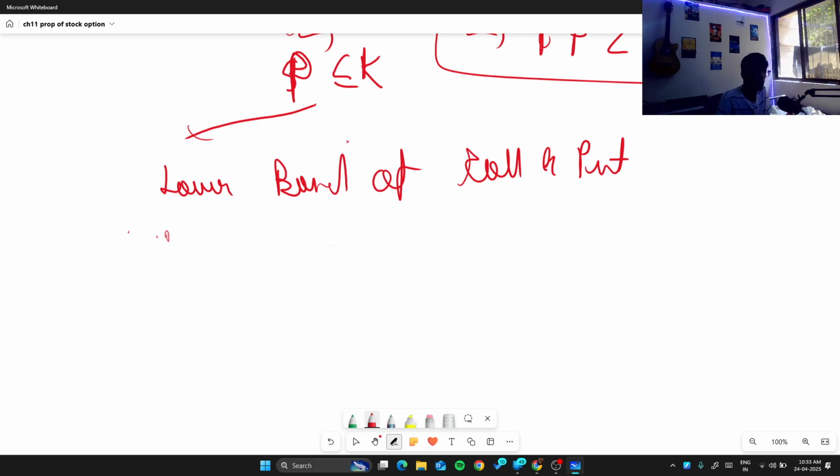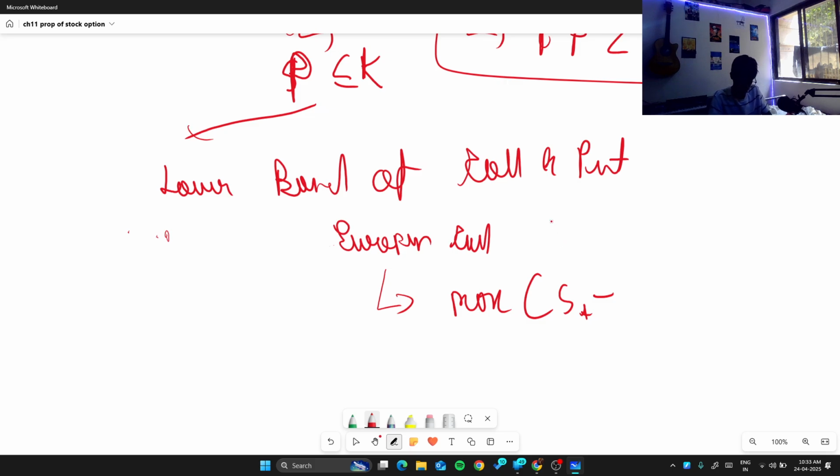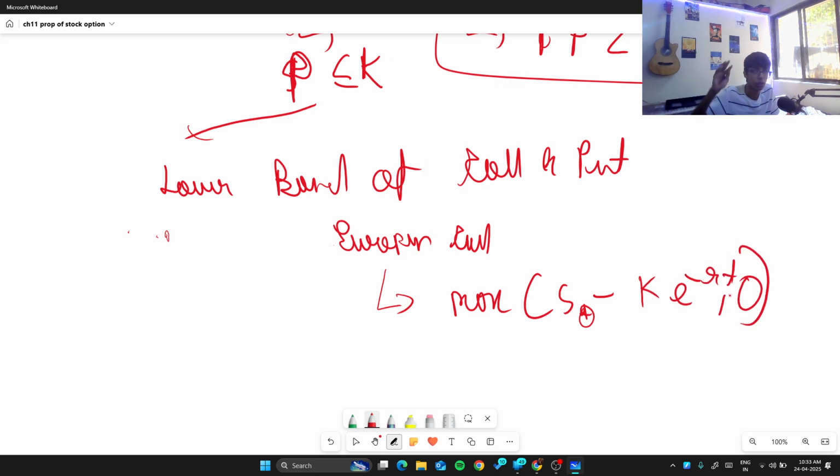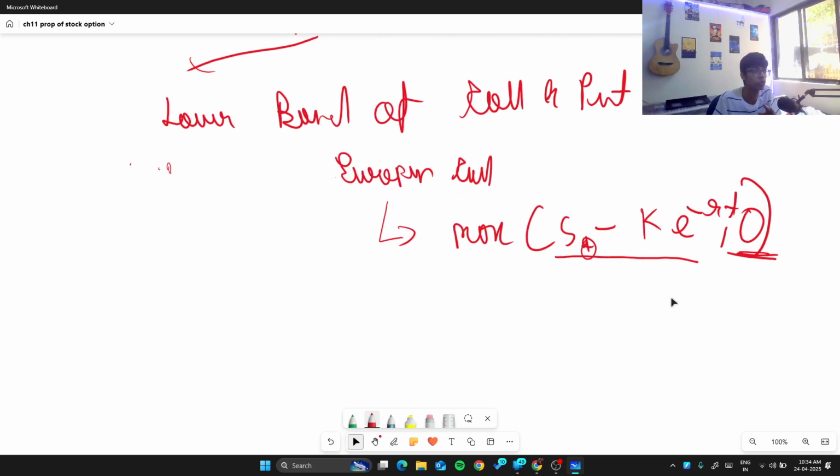The lower bound of a European call would be not less than the maximum of S0 minus K e^(-rT) discounted, or zero. Here S0 is the current stock price. Option price cannot be negative, that's why the bound is zero. So the minimum value of the option could be here.